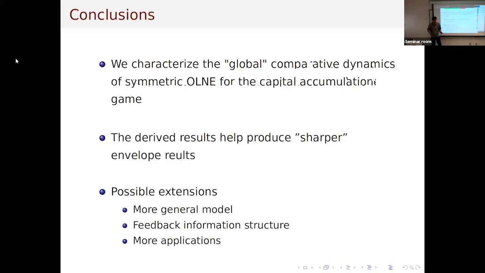Also, we can do this type of work in more applications, like the famous sticky price model in the econometric paper, and also some resource extraction papers, and so on and so forth.